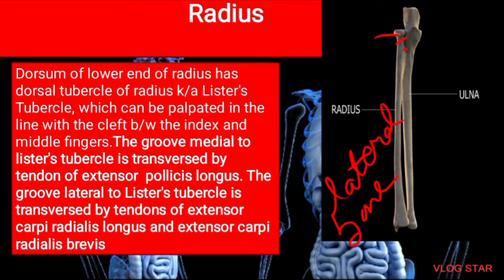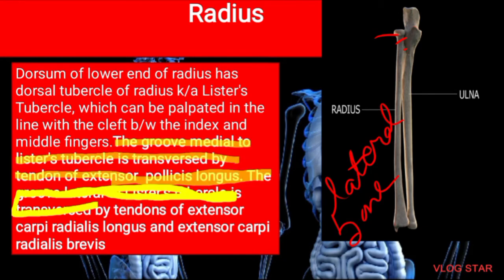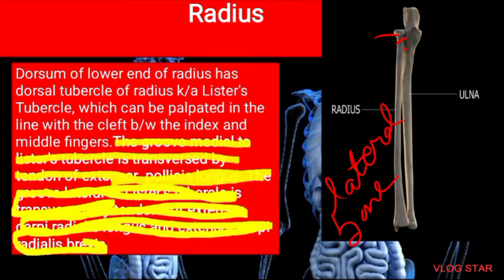The groove lateral to Lister's tubercle is traversed by the tendons of extensor carpi radialis longus and extensor carpi radialis brevis. This is a very important point to be noted, because it has come in many examinations previously. So I'm highlighting this, just note these points.